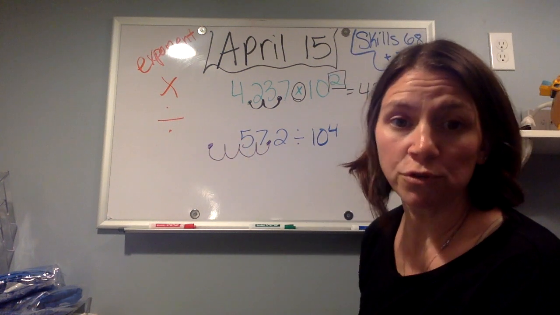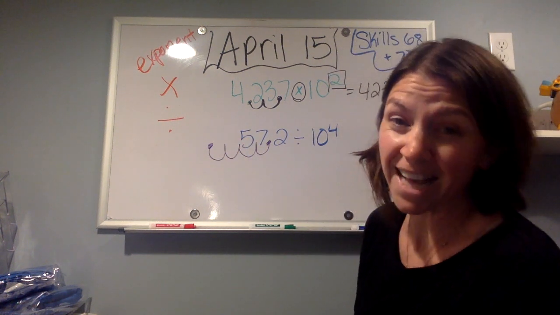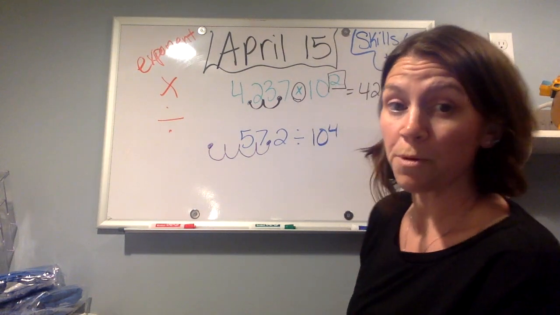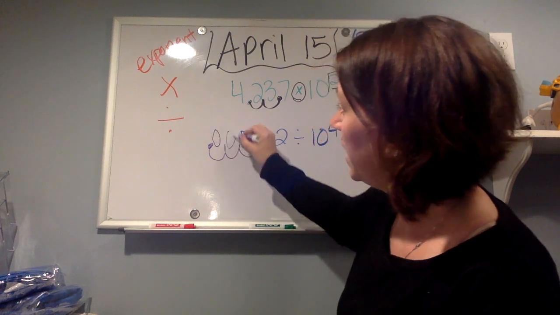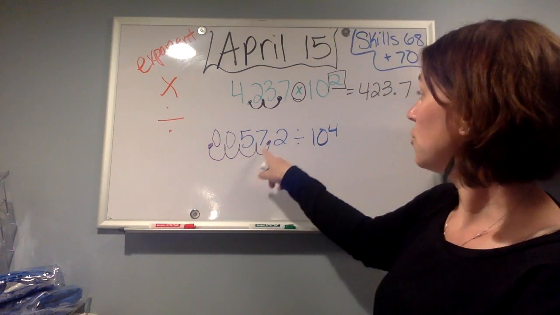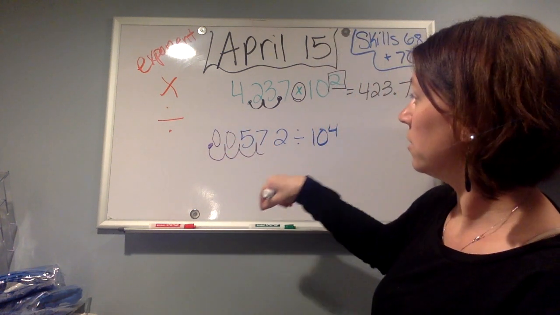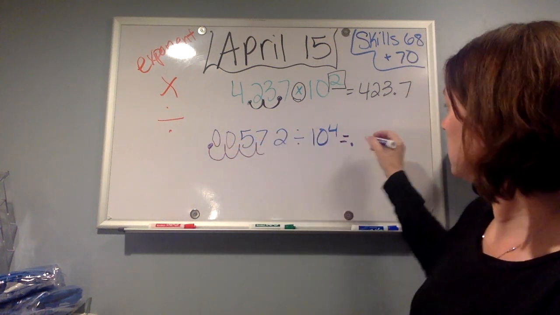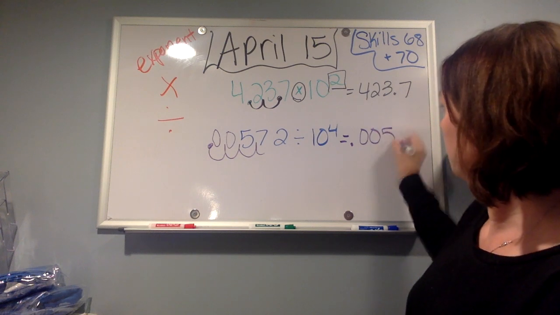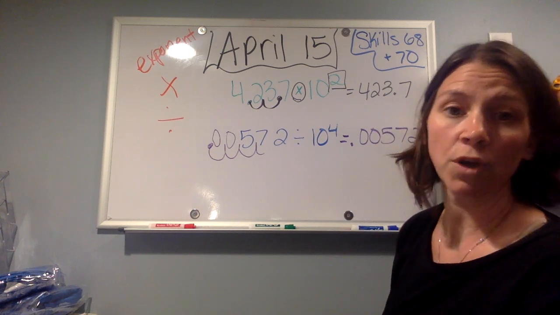Now remember, when I have those open loops, okay, we call them baskets, we call them all sorts of things, but open baskets, we need to put a 0 in that basket, okay? Kind of like putting an egg in our basket, okay? So now my decimal's no longer here. We moved it up there. So this equals 0.00572, okay?